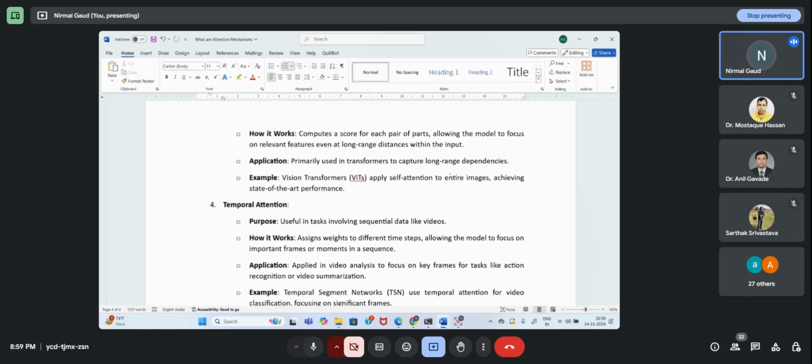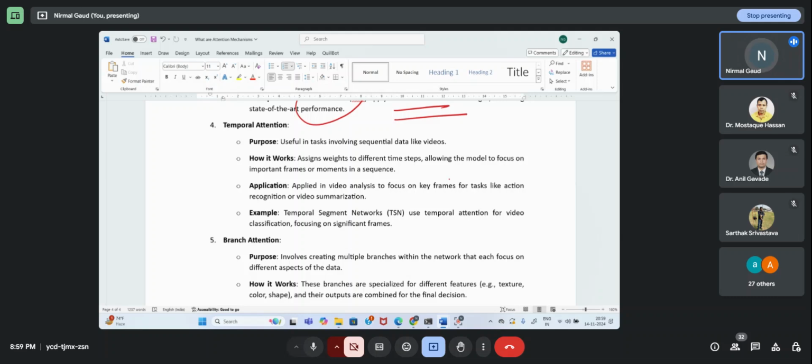This term is related to text as well, long term dependencies and all these things. Vision transformer is one of the algorithms used in computer vision. They apply self attention mechanism on the entire image. How one part of an image is related to another part of the image. That is what ViT does.